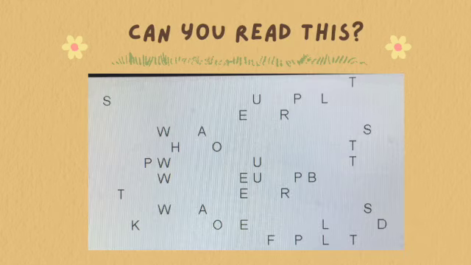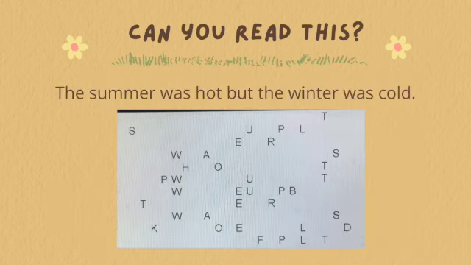So this is the question posted in the last video, the last lesson that we had. And the correct answer is: The summer was hot, but the winter was cold, period. Okay, that is how we read the stenograph notes posted in the last video. So again, the summer was hot, but the winter was cold.